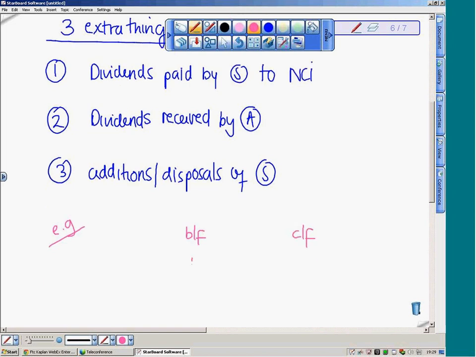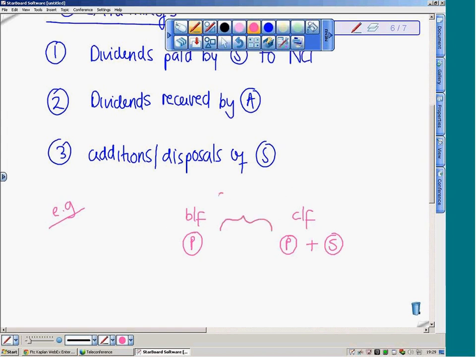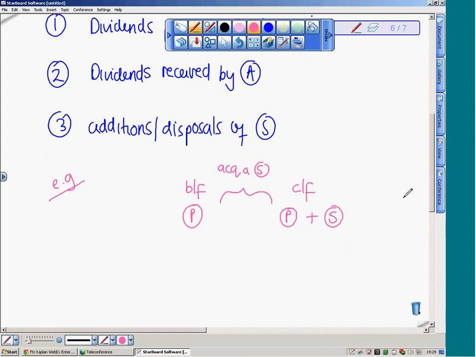Okay, in the brought forward, you only had a parent. Yeah, you acquired a subsidiary. Carry forward numbers now include parent and the subsidiary. Okay, so you acquired a sub. Let's think about a very simple illustration.